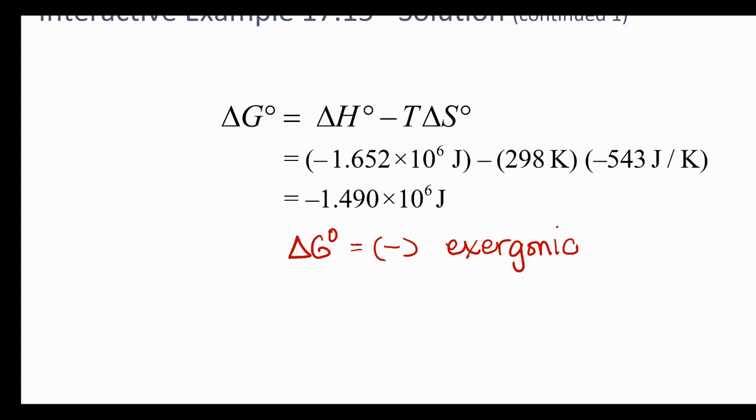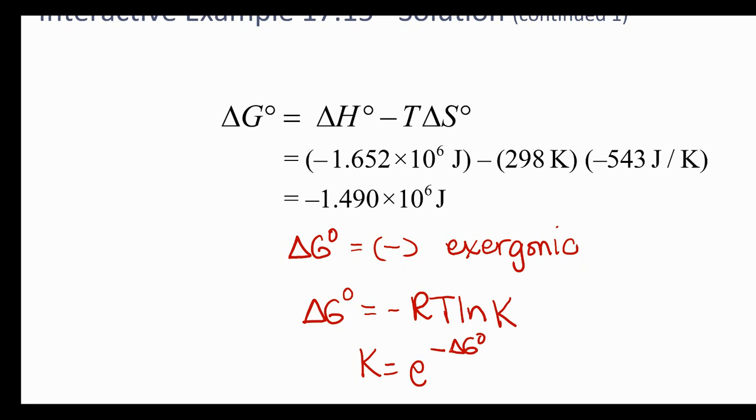But let's now plug that number into delta G equals negative RT ln K, and then solve for K as e to the negative delta G naught over RT. And let's see if your calculator can handle those kinds of numbers. I doubt it.